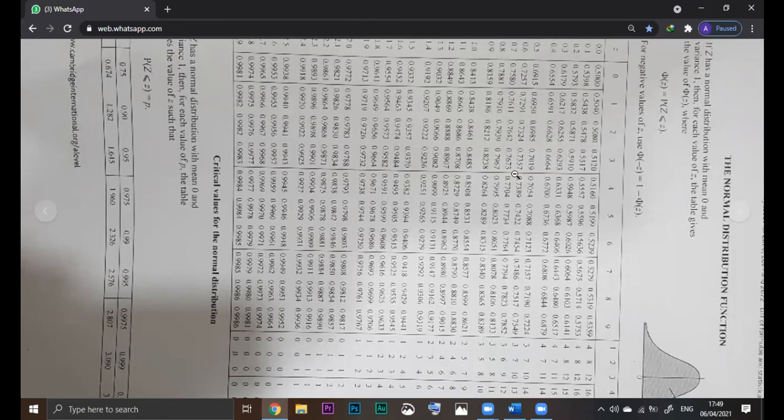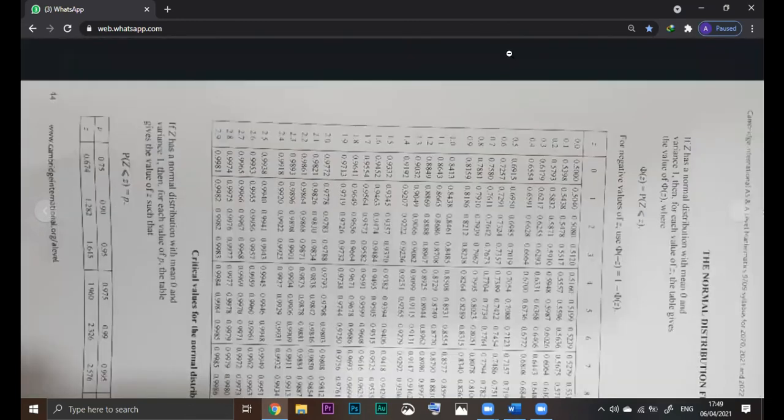The value against 0.2 and 1 is 0.5832, plus 16. And the final answer will be 0.5848.